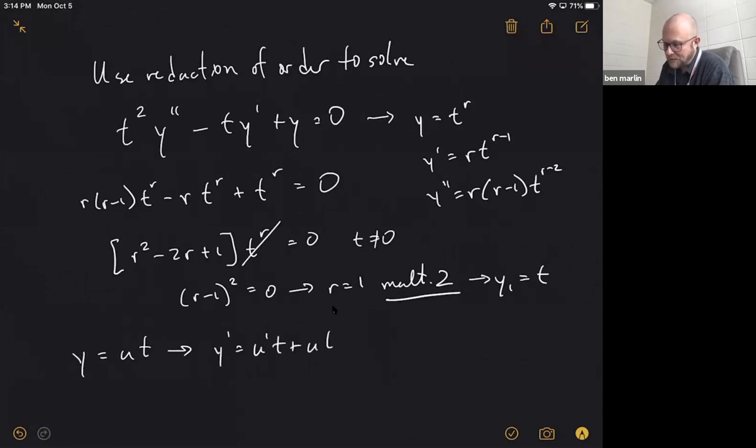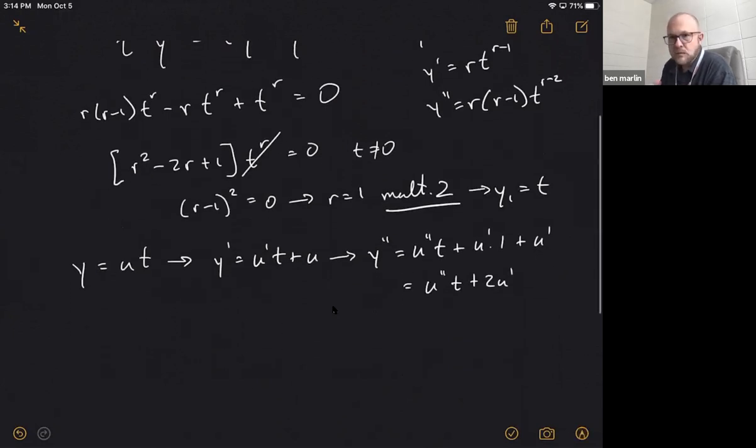I started to say u times t prime, but derivative of t is just 1. And then our y double prime, we're going to have a u double prime t plus a u prime times the derivative of t, which is 1, plus a u prime. And so we can simplify this as u double prime t plus 2 u prime.